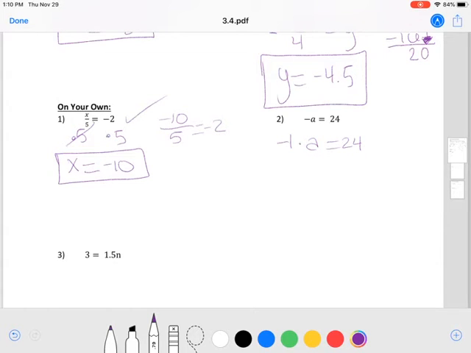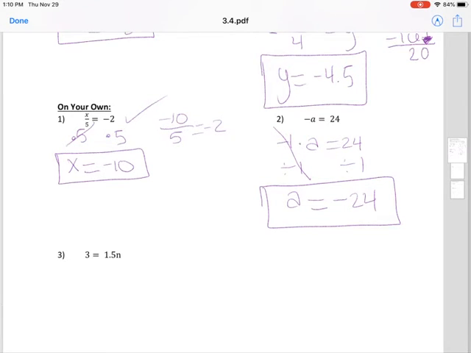And so obviously the operation is multiplication and we want to divide. So we're going to divide by -1 on both sides. So these are going to cancel out and we're going to be left with A equals, and 24 divided by -1 is -24. So our answer is A equals -24.